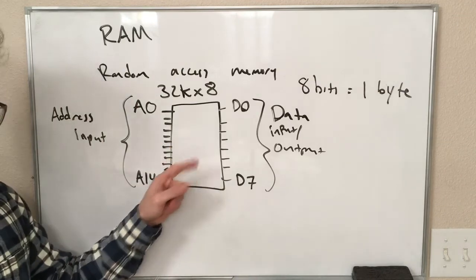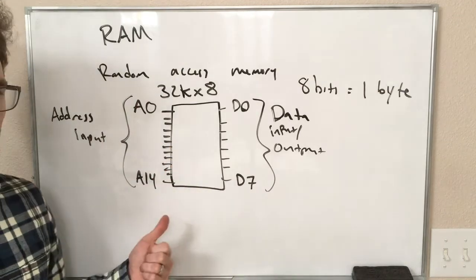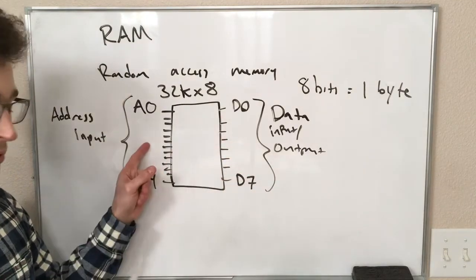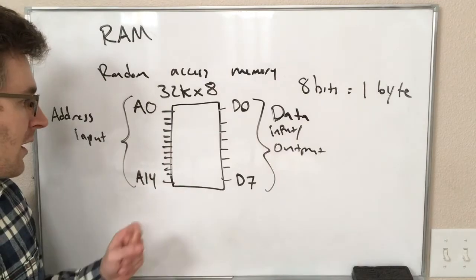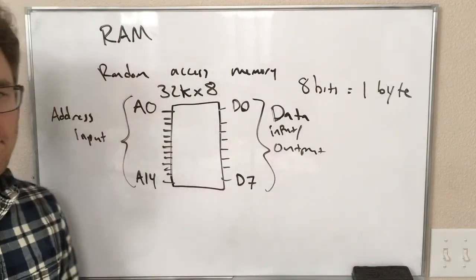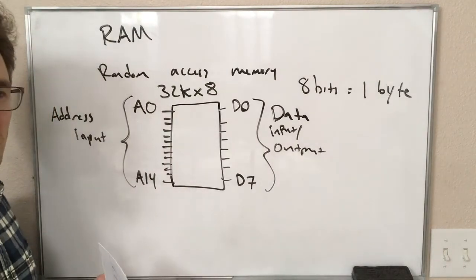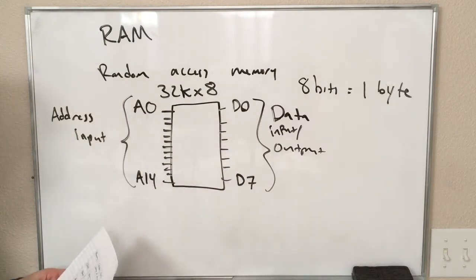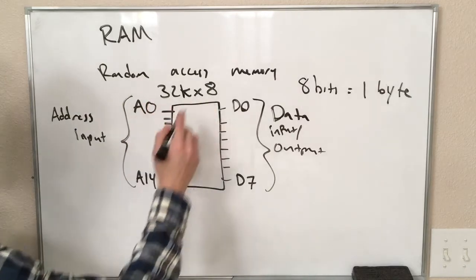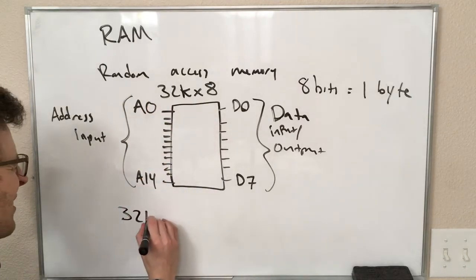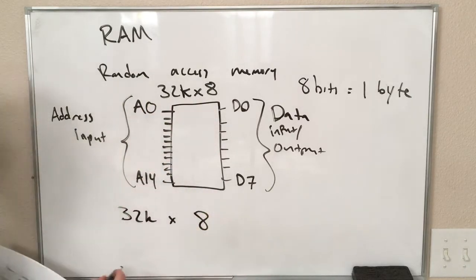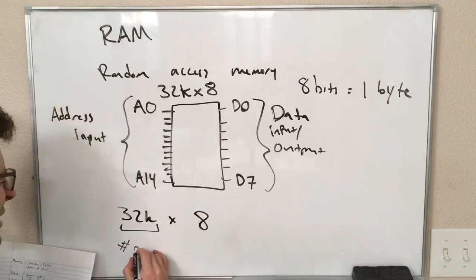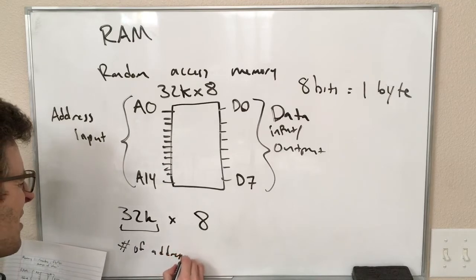There are other pins on this. There's a pin that switches between reading and writing, so you can use these as inputs to store a value to a particular address, and other utility pins like that. But this is the important part. So what is going on with this 32K x 8? Here, 32K refers to the number of different addresses that we can have.